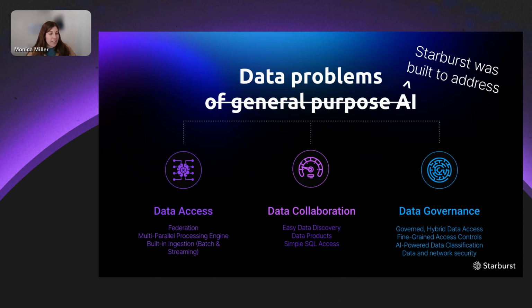Then we have the data collaboration piece, which is being able to do data discovery and data products. And then we have the data governance piece, specifically around your models, your AI-powered data classification, data and networking. So it's really awesome.